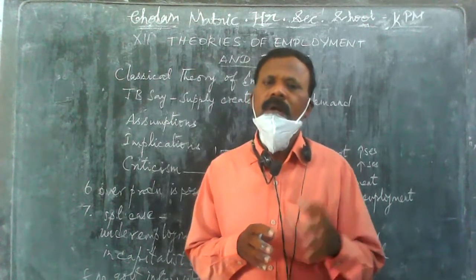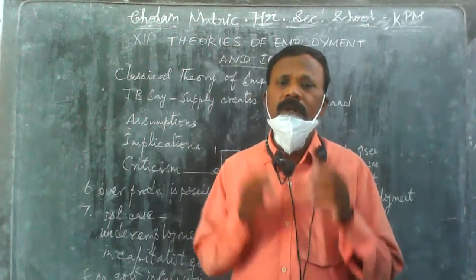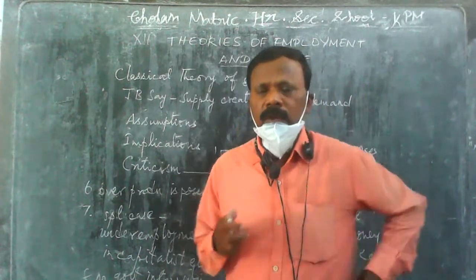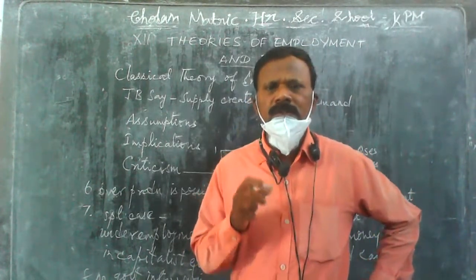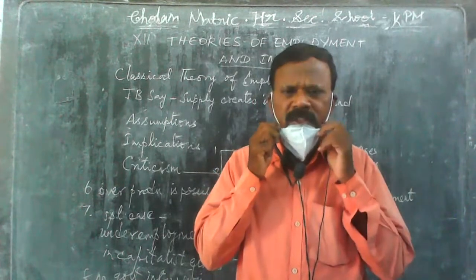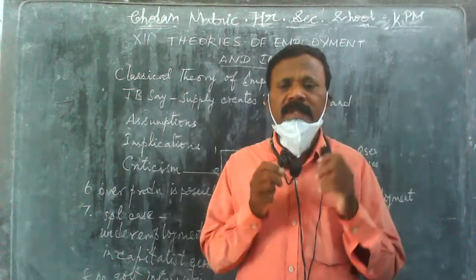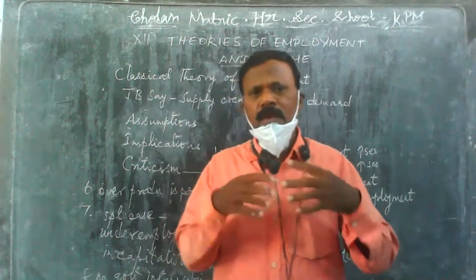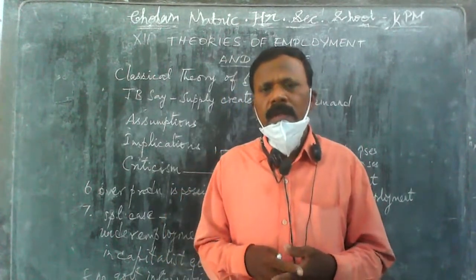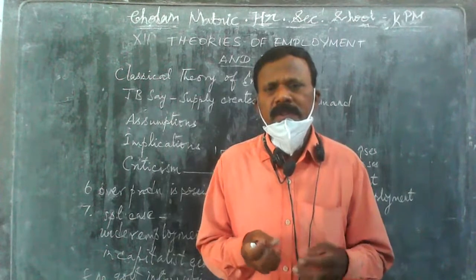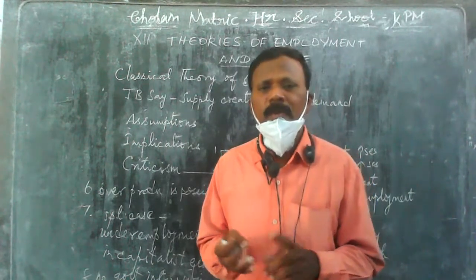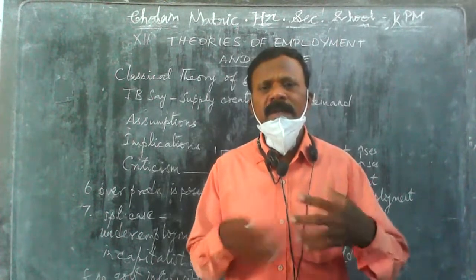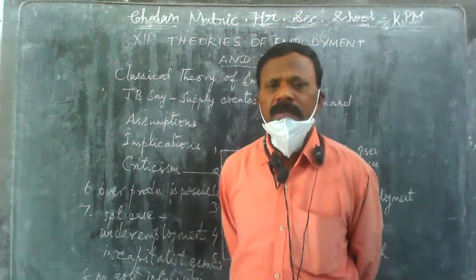Adam Smith, who is regarded as the father of classical economists, wrote the book, An Inquiry into the Nature and Causes of Wealth of Nations in 1776. Since the publication of this book, the classical economists such as David Ricardo, J.S. Mill, A.C. Pigou, J.B. Say developed this classical theory.